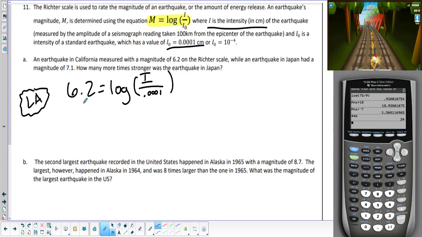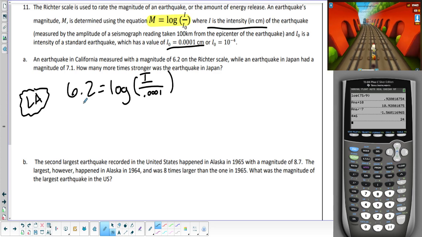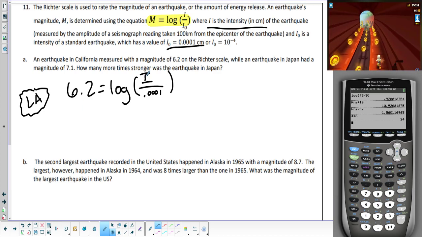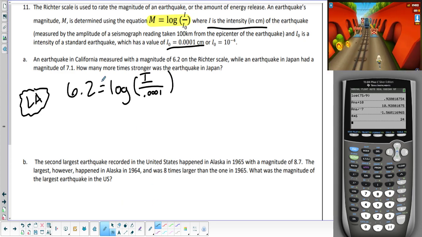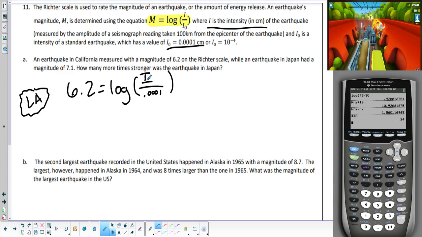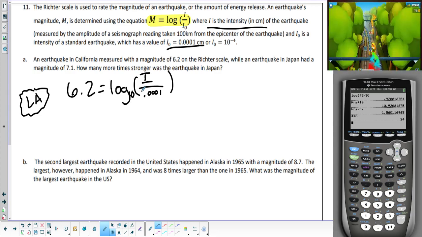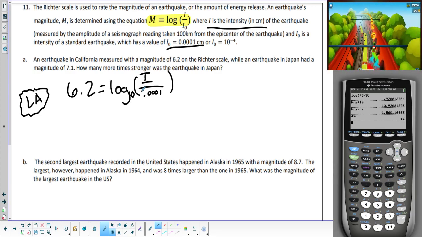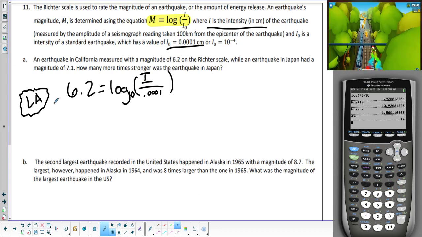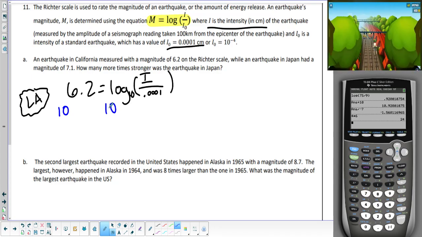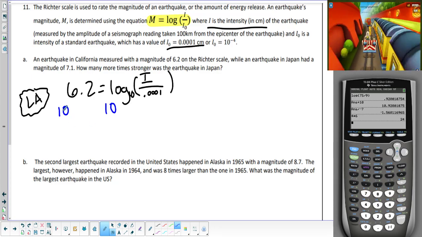But now we have logs on our side, so we can actually solve, okay? We can solve for I, and the way that we're going to do that is, since this log doesn't have a number here, remember it's log base 10, just regular log is always log base 10. And so what I'm going to do is set both sides under a common base, okay? So I'm going to say that both of these are going to be with a base of 10.